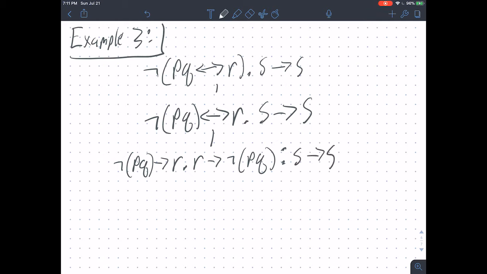So what do we do to this? Well, there are a few things we could do. Let's think about it. So we have a conditional here, a conditional here, and a conditional here. And so I'm just going to apply our rule for eliminating conditionals, the same one that I've been using in the first two examples, and that gives us not, I'm not going to say this, I'm just going to write it.